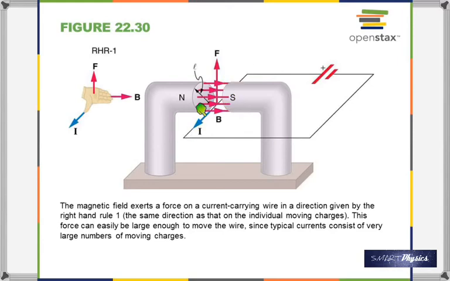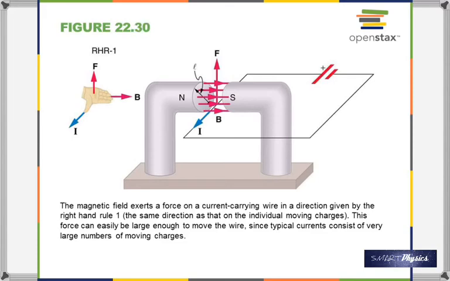If this current-carrying conductor is kept in a magnetic field, what's the direction of the magnetic field? North to south, always. So in this diagram, the magnetic field is towards your right. And the current is flowing this way. But we know that the electrons are flowing opposite.